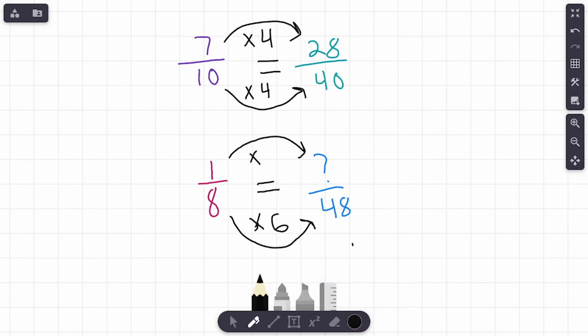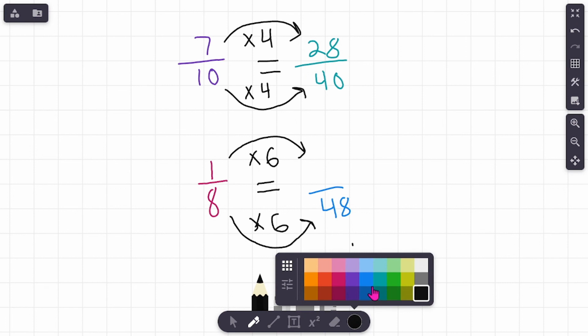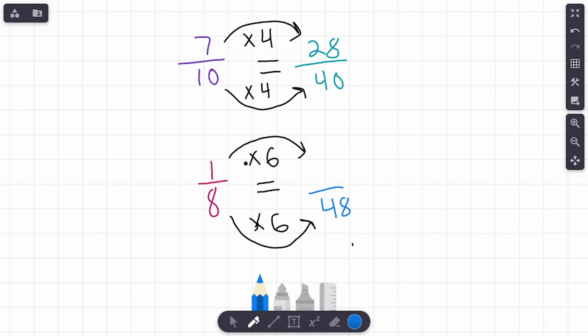That's one of the reasons I write it down, is that way I can't forget what I did to the bottom or to the top. I can't forget what I did to the denominator because it's right in front of my face. Same thing here. All right, so what I'm going to do is multiply the numerator by the same number I multiplied the denominator. So I'm going to do 1 times 6, which gives us 6.